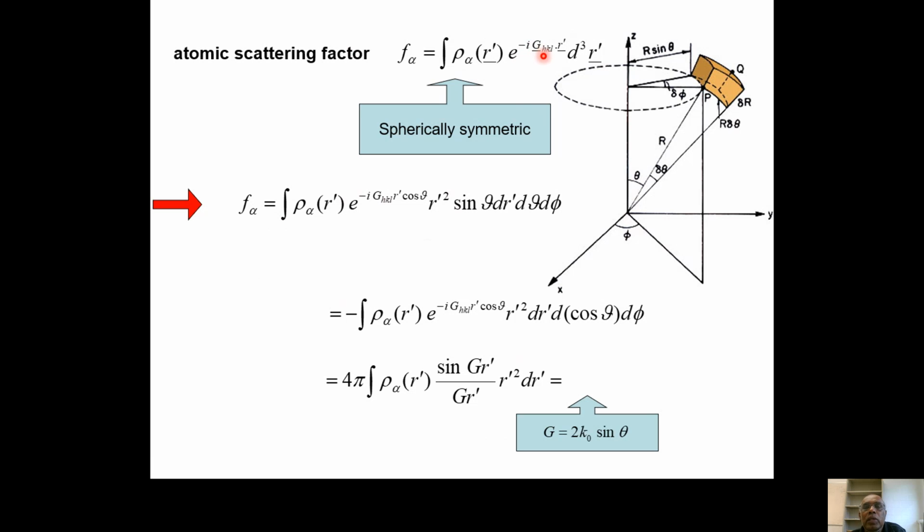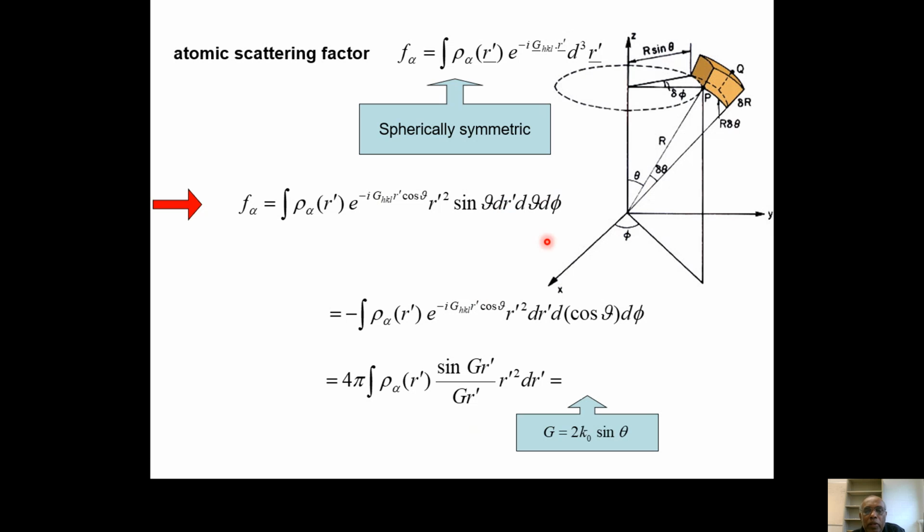So now the only thing is this G_hkl · r. We will consider this G_hkl to be in this direction. Then you can easily write that one as G r cosθ, right? If I pick my G to be in the z direction, then you take this function, that is cosθ.